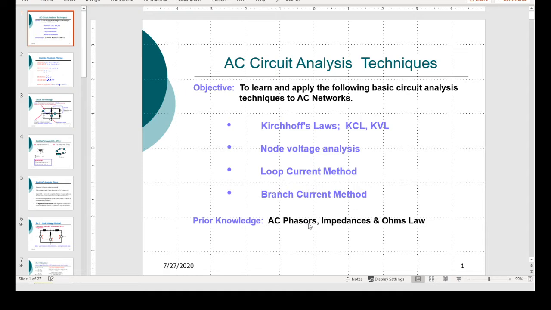We only have to know that in place of DC sources, we are considering AC sources, which are represented by phasor voltages or phasor current sources. And in terms of the resistances, we have impedances, which have got real and imaginary parts.